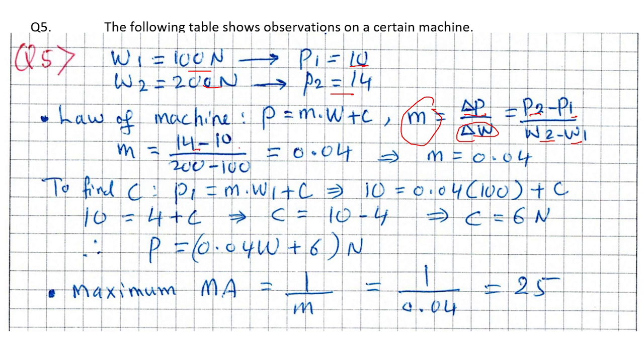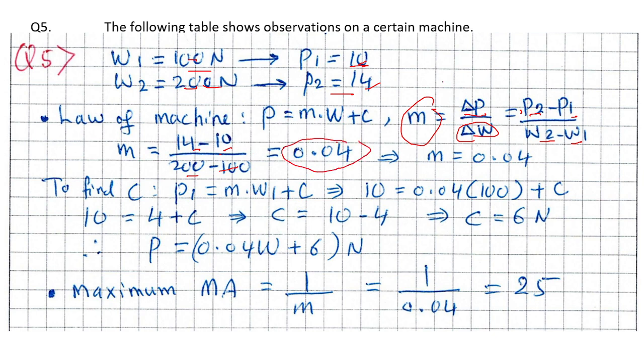For the effort, I should say, the second effort is 14 and the first is 10, and the load varies from 200 newton to 100 newton, so you have 200 and 100. So that becomes 0.04. That's the slope.